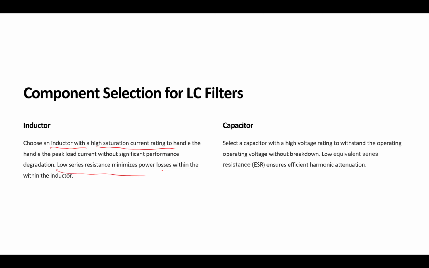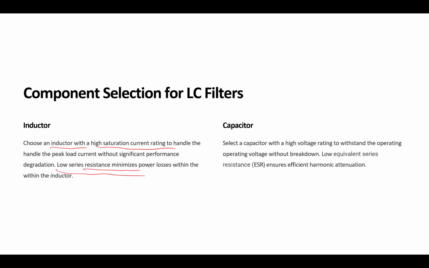You want to choose the inductor in a way that minimizes the resistance, so you don't have much power loss in your inductor. Because your load current, that 60 hertz, passes through it, so the majority of the energy passes through that conductor. If it has a high resistance, that means very high loss. Make sense? Are we good?